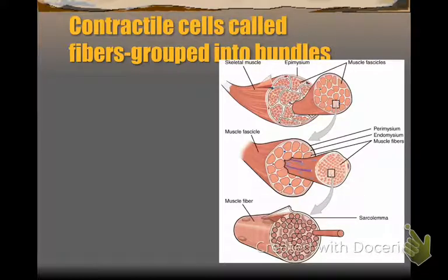When we say a muscle, we're talking about a bunch of muscle cells together, and it's kind of like a big cable. If you imagine you have a ponytail, it's one ponytail, but there are thousands and thousands, hundreds of thousands of hairs in that ponytail, right?